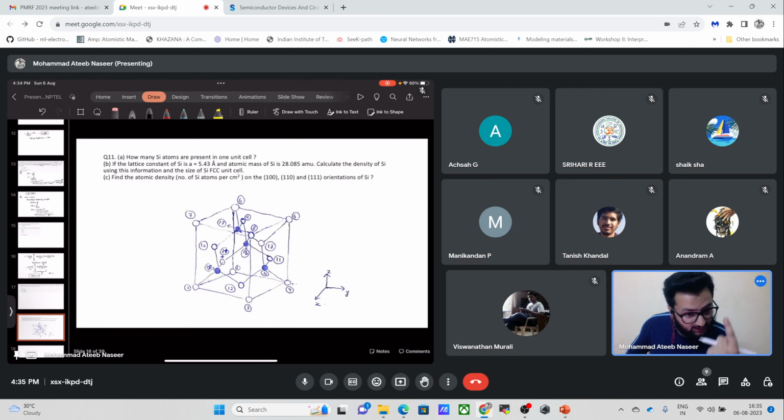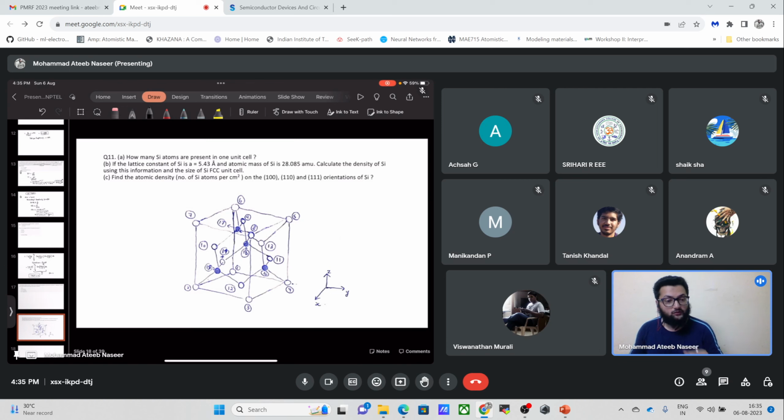So for a particular unit cell, the contribution of the corner atoms would be just 1. Similarly, we have 6 faces, but the faces are shared between 2 unit cells, so we get a contribution of 3 from those faces.